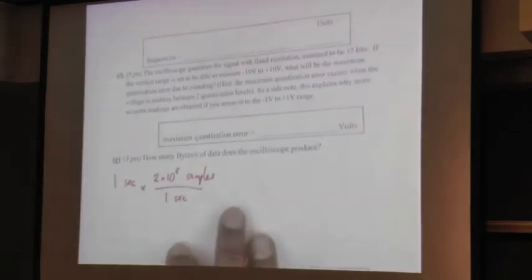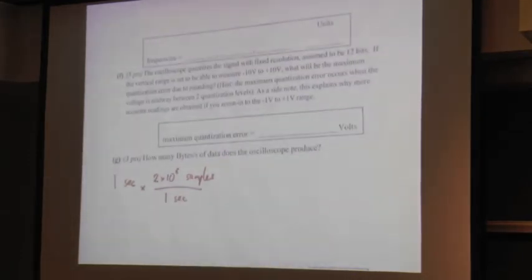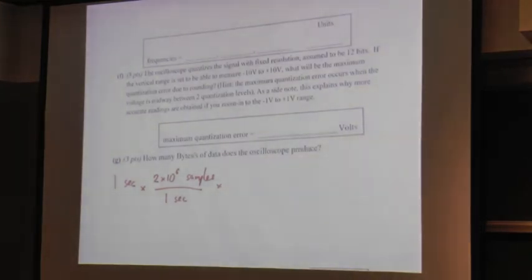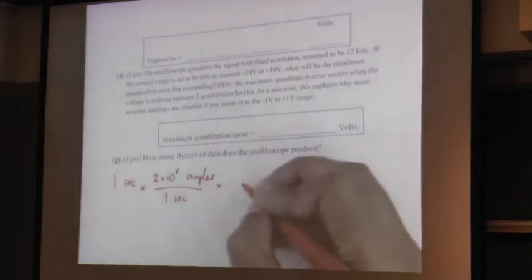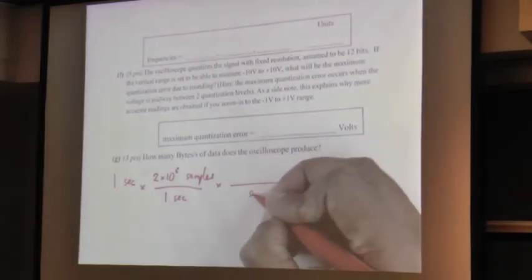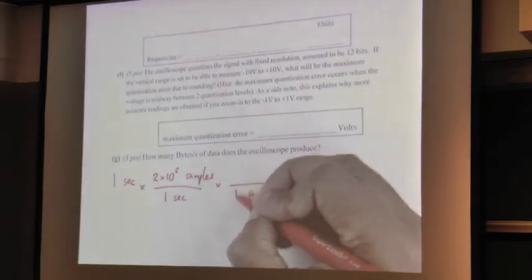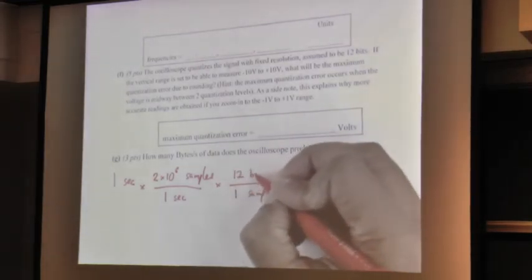Now our whole expression is in terms of samples. I can convert samples into bits because every sample is quantized to 12 bits. That was provided in the previous part of the question. So I want to divide through by samples, and every one sample comprises 12 bits.